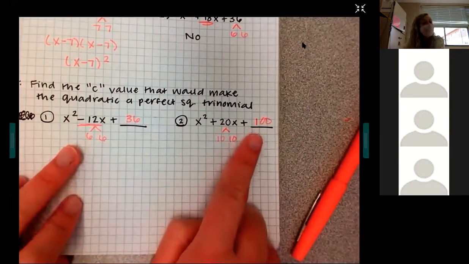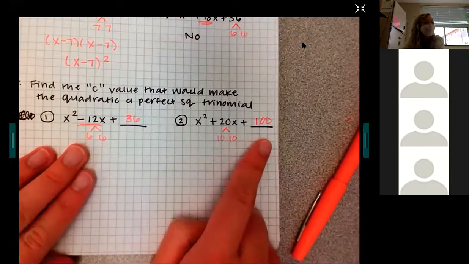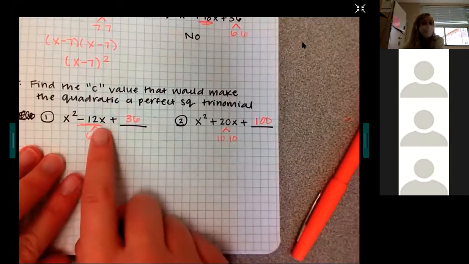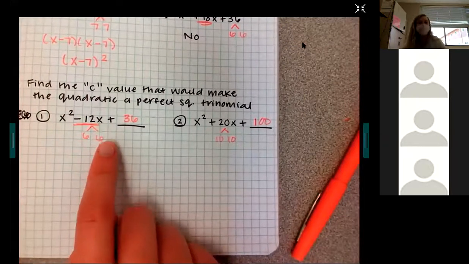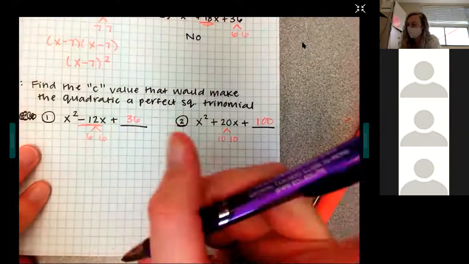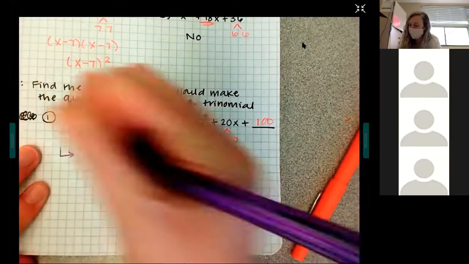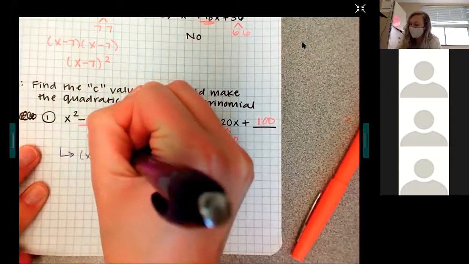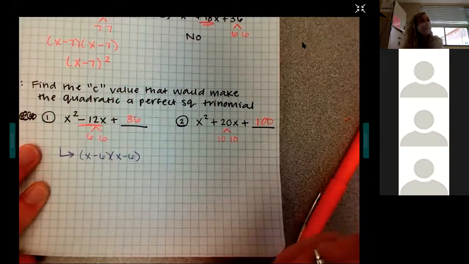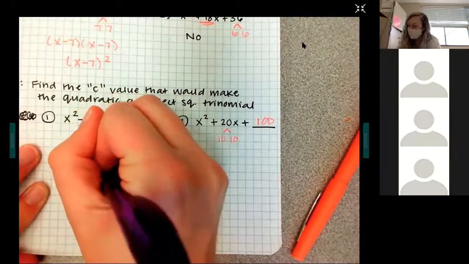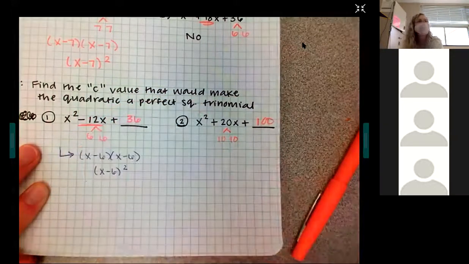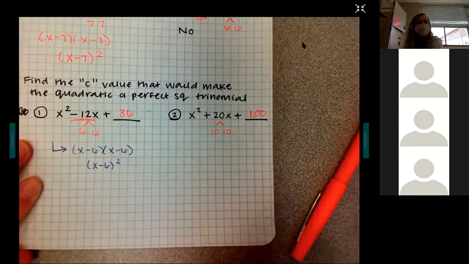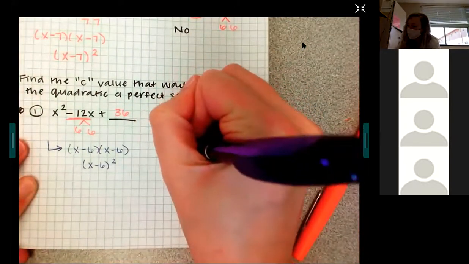So the next step would just be from here to be able to factor it. So how would you factor x squared minus 12x plus 36? Good. X minus 6 and x minus 6, which is just x minus 6 squared. Good job, Jordan. Same thing with the next one. How would you factor number 2?